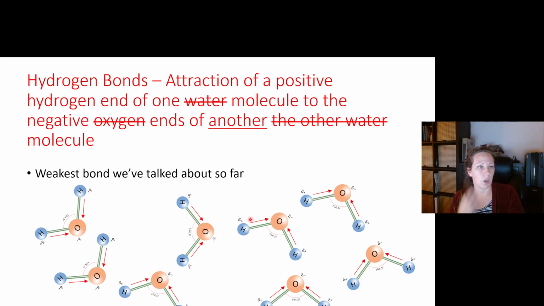Okay, so now that we've learned about the charges, now we can learn about hydrogen bonds. And this definition is another one that I've changed up from the book, and that's why I've changed the color of the font to red in this slide, just to really point out, I want you to know this definition different from what it is in the book, okay?